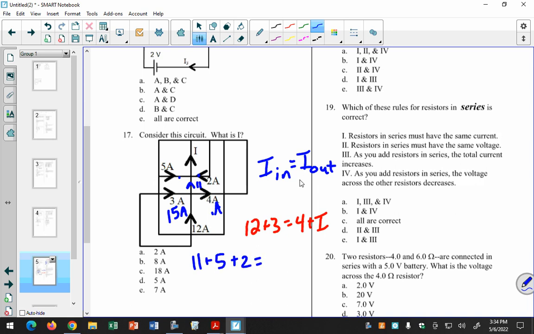That other current has to be 18 amps. So C was the right answer. I didn't even need this arrow right here. You should have known that it had to be going out in order for that junction to follow Kirchhoff's rule, and it has to be 18 amps.